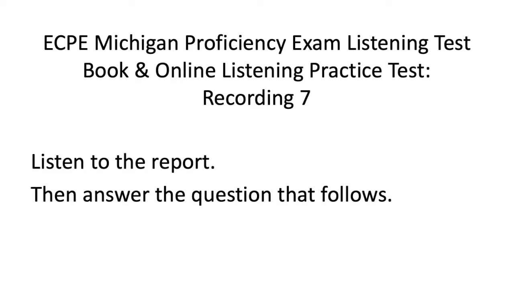Listen to the report, then answer the question that follows. Today we're going to talk about good nutrition. Now, everybody knows that good nutrition is essential for good health. Indeed, a healthy diet can help a person to maintain a good body weight, promote mental well-being, and even reduce the risk of disease.